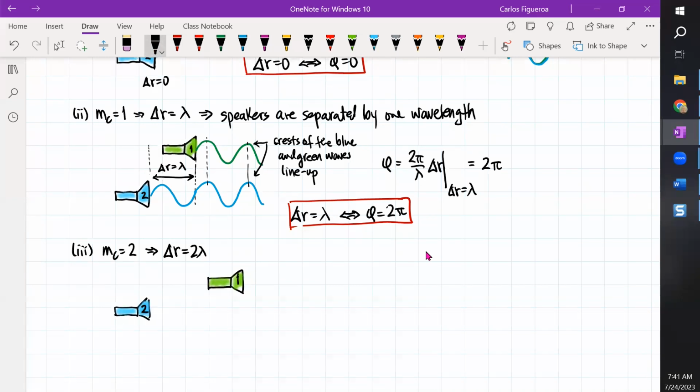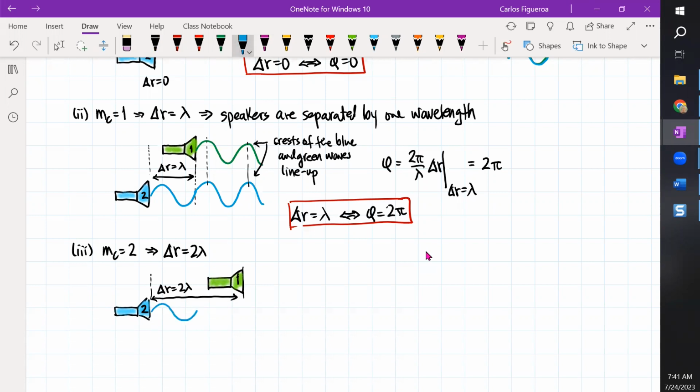That means the separation of the speakers tells us that delta R must be 2 wavelengths apart. So I need 2 waves.